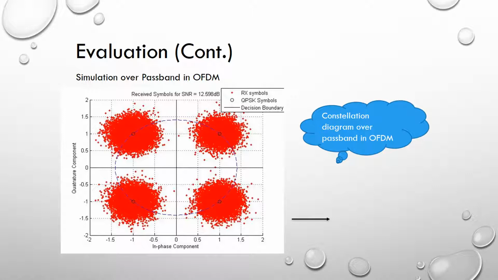Firstly, this is the simulation result over passband in OFDM, and this is the constellation diagram over passband in OFDM, which is based on QPSK, which is the same as 4QAM.